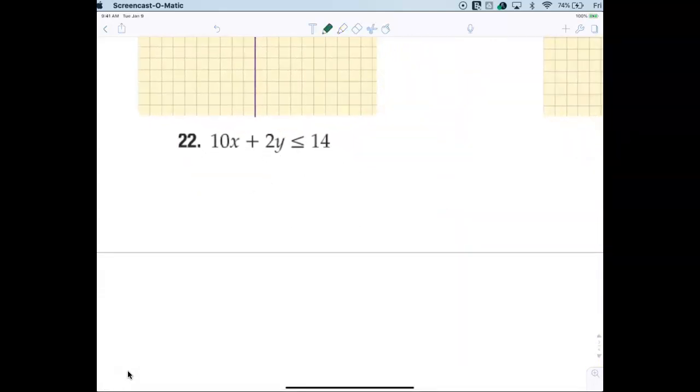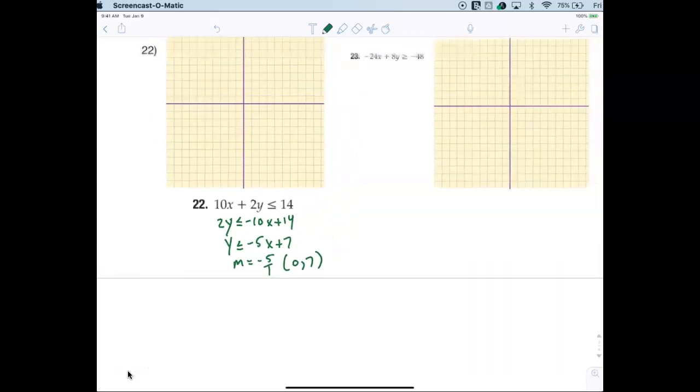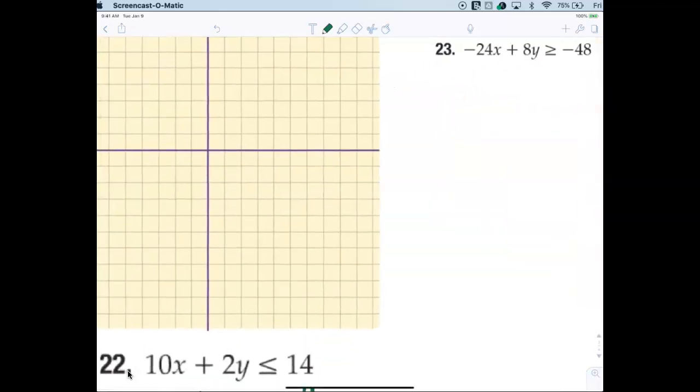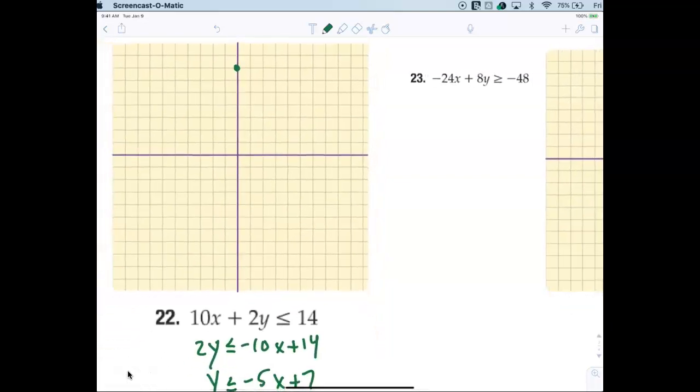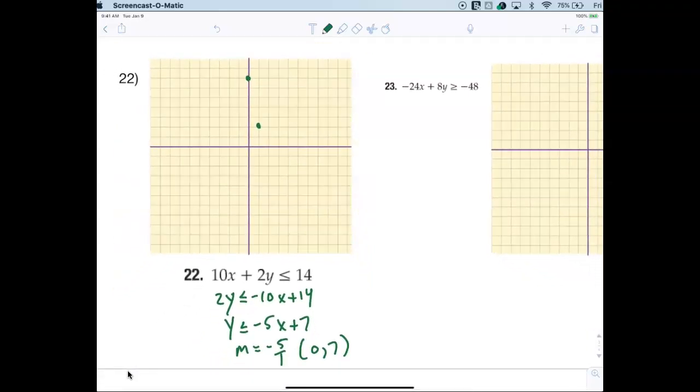22. What do I have to do first? Minus 10. So y is solid line, right?